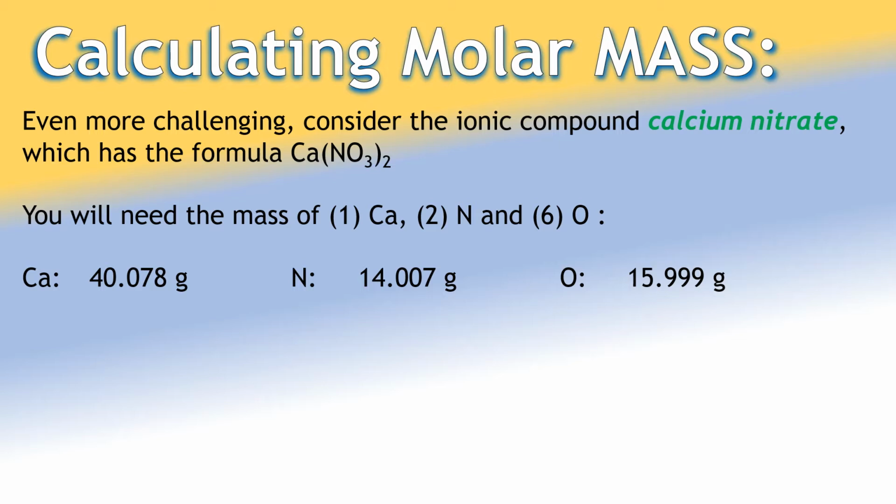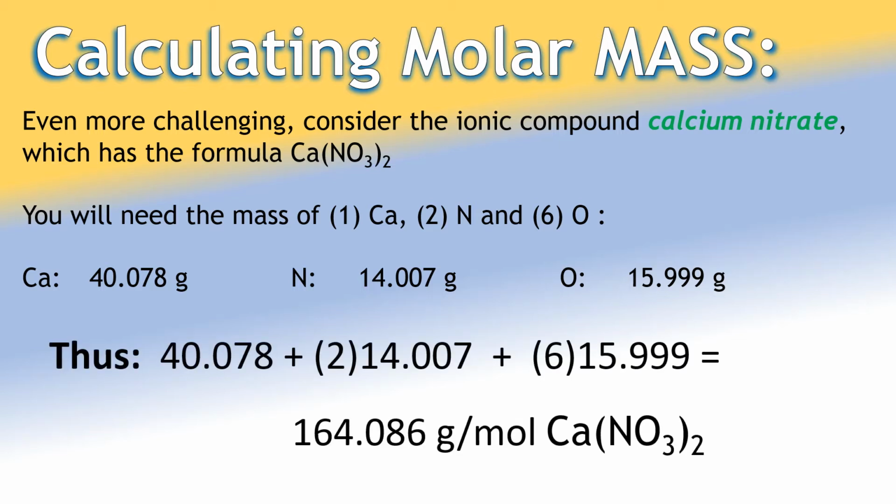So the numbers for nitrogen and oxygen we have to multiply by 2 and 6 respectively. So we take these numbers, 40.078 plus 2 times 14.007 plus 6 times 15.999. And we add it all together, and you see we have our result. It's 164.086 grams per mole of calcium nitrate.